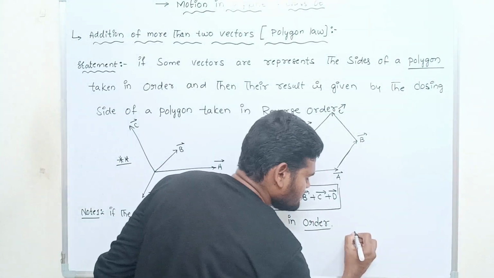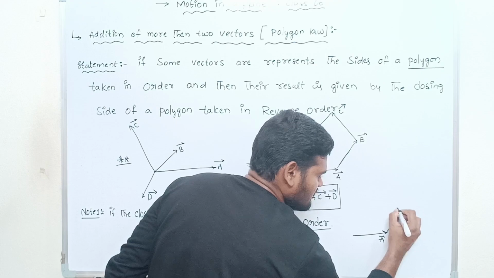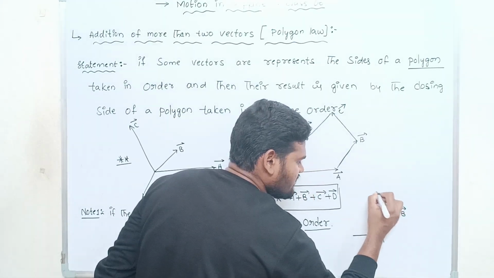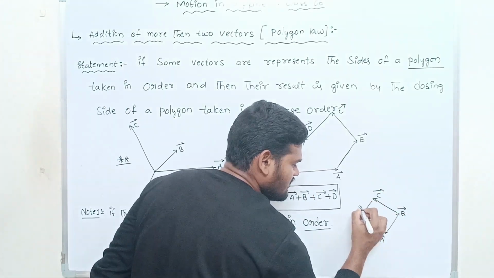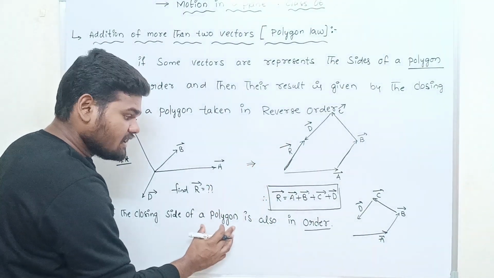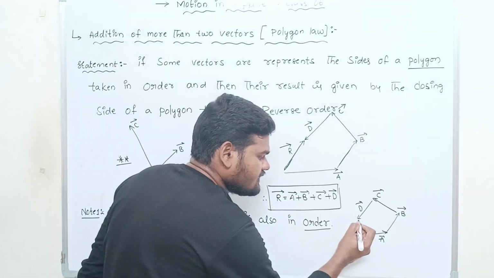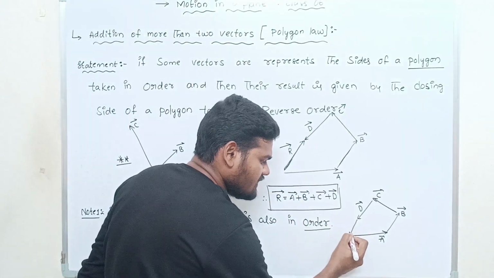That means, have a look, this is A bar vector, this is B bar vector, this is C bar vector, D bar vector. Here the resultant vector is in opposite order, but here I am taking the closing side of the polygon in order. That means I am taking the closing vector also in order.